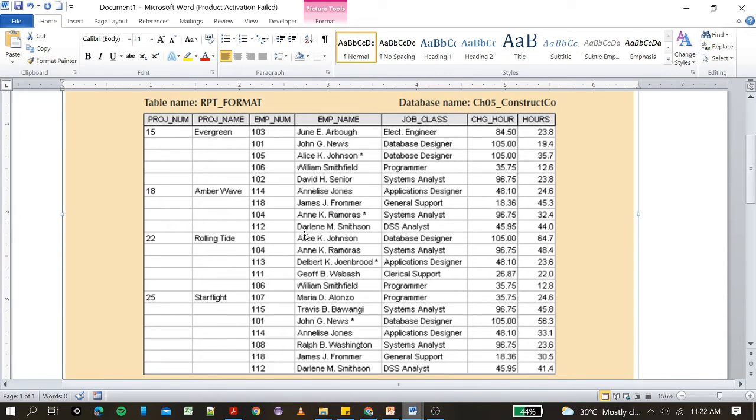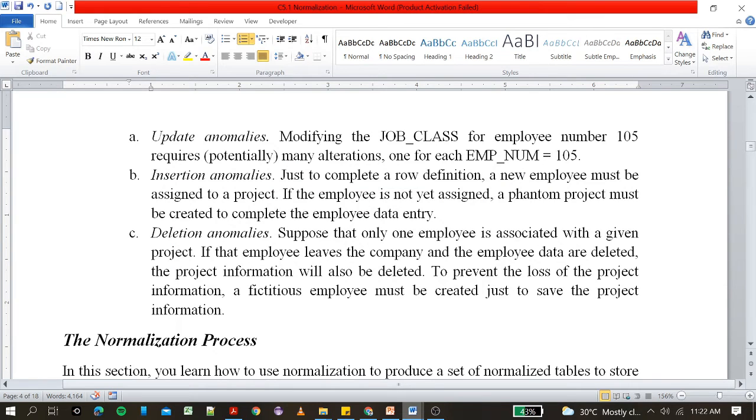So, magkakaroon ng deletion anomaly when it comes to the project details na associated dun sa employee na yun. Okay? To prevent the loss of the project information, a fictitious employee must be created just to save the project information. Okay? So, yeah.